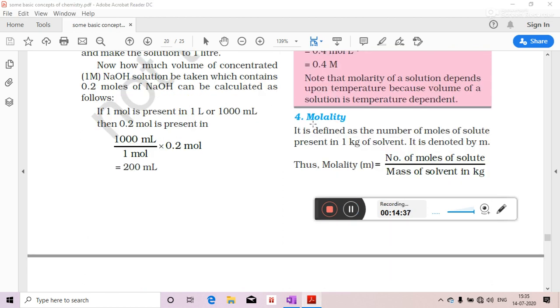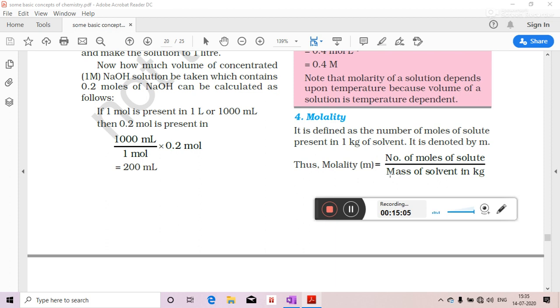Now next is number 4, molality. It is defined as the number of moles of solute present in 1 kilogram of solvent and is denoted by small m. Thus molality, small m, equal to, so here you can see that the numerator will remain same, that is number of moles of solute, but in denominator there will be 3 changes as compared to molarity.